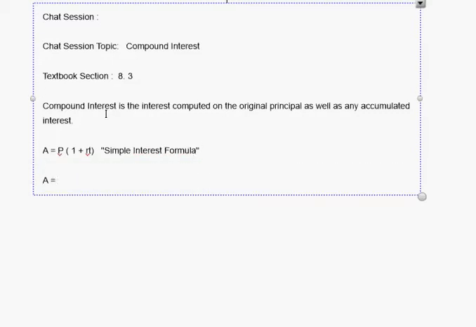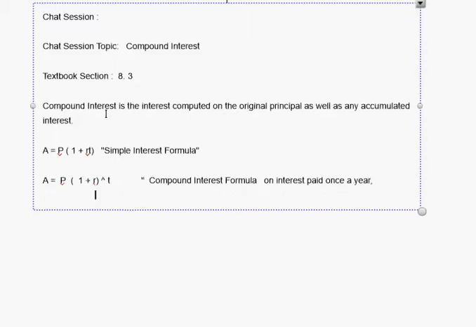Where A equals P (1 plus R) raised to the T is the compound interest formula on interest paid once a year. It is also called present value.